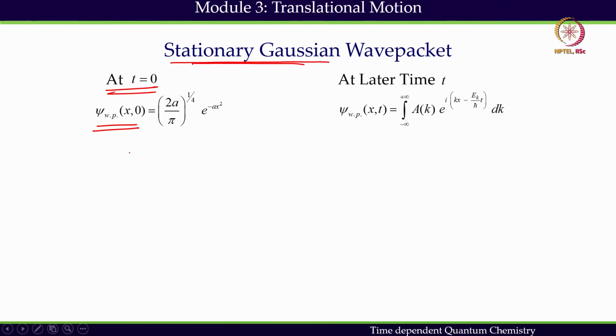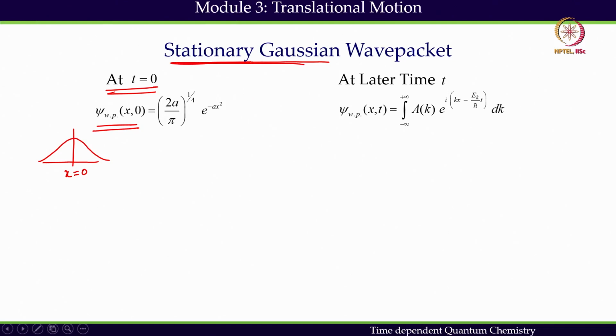Then the particle will be represented by this Gaussian function, which looks like this. It is just a Gaussian function centered at x equals 0. There is no fast oscillation, because oscillation comes from the e to the power i k x term. This term is missing, and that's why it represents a stationary Gaussian function.